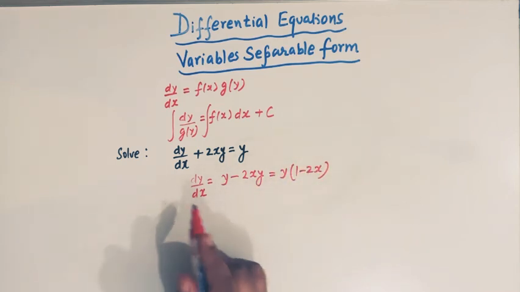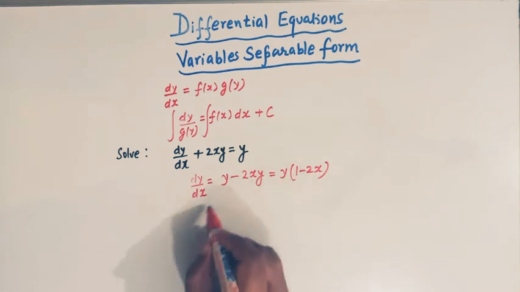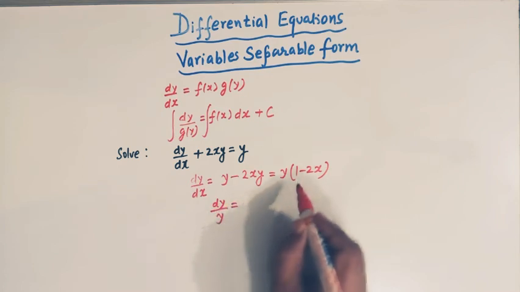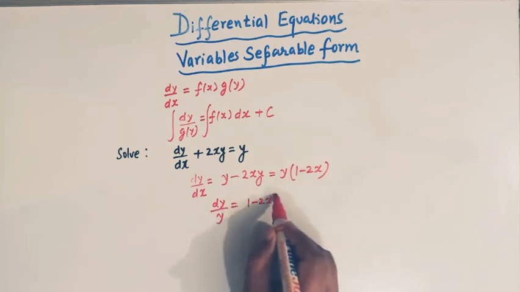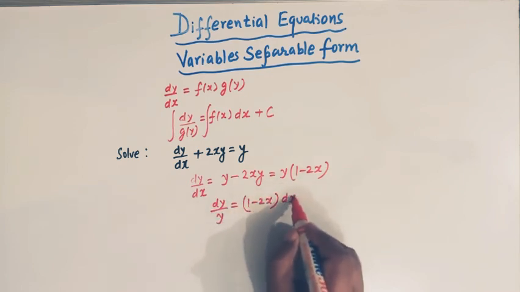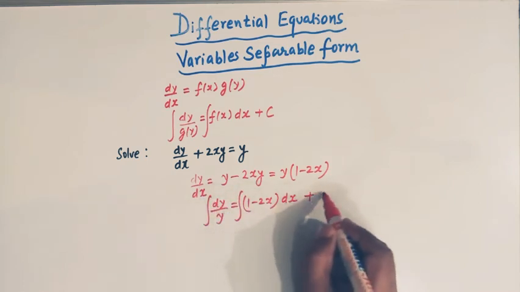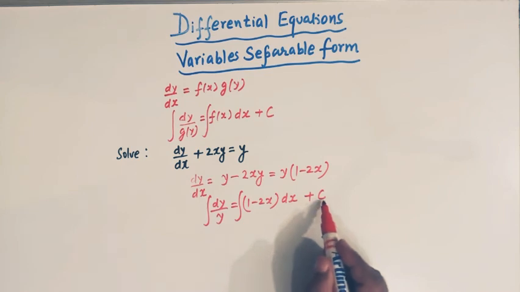Now we can separate the variables, so we have dy over y equals 1 minus 2x dx. Right, now integrating both sides, and here c is the constant of integration.